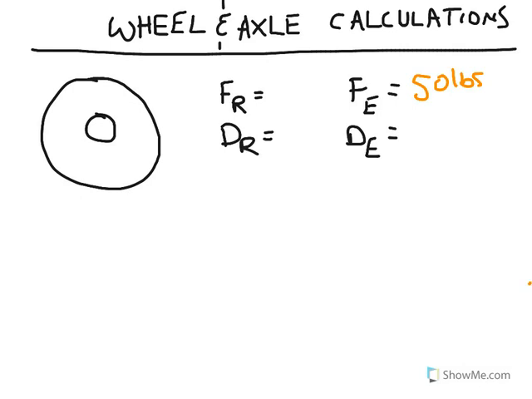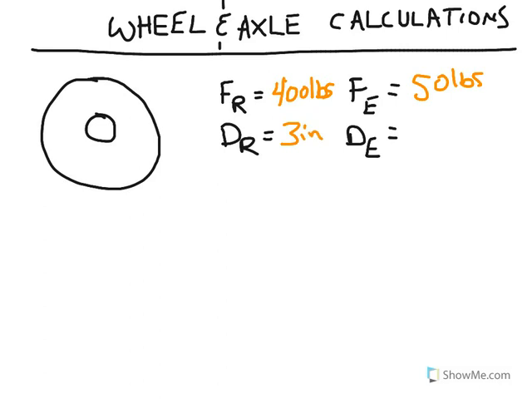That's also simple. And it says that the resistance force is applied to a 3-inch diameter axle. So the distance of the resistance is 3 inches.